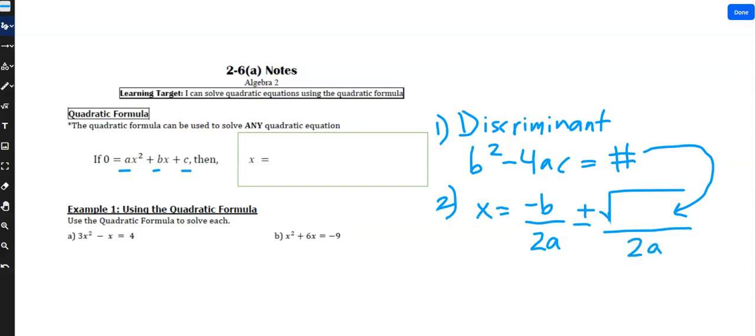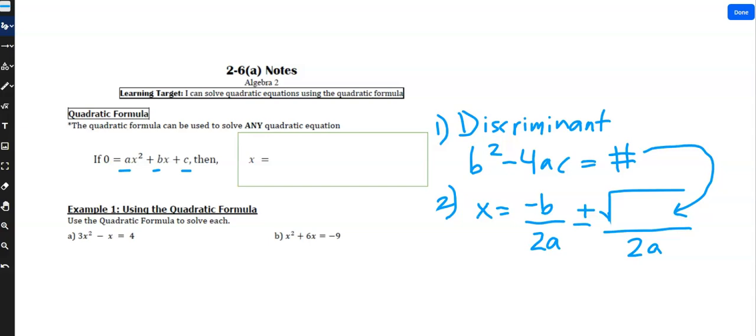If you look at a classic textbook, you are not going to see classic textbooks separate this into two parts. But I'm going to highly recommend that you do this in two parts because kids make serious mistakes finding the discriminant and then trying to plug it in.